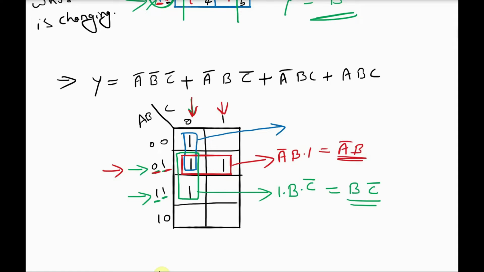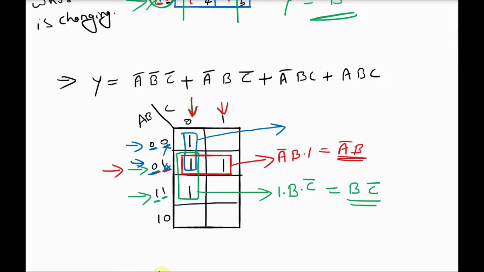Try to do it on your own by pausing the video and then come back. When we see the blue group, it is covered in the first 2 rows. In the first 2 rows, the value of A is the same, but the value of B is alternating. Since the value of B is changing, we take it as 1.